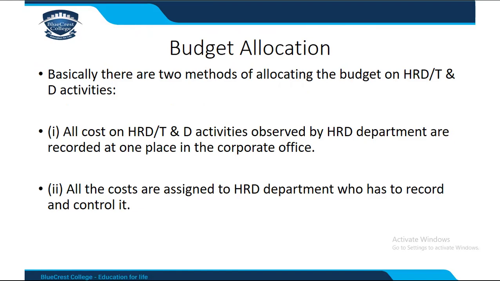Okay, so the first method is where all costs on the training and development activities are observed by the human resource department. Okay, and everything is recorded at one place in the corporate office. So what this means is that the budget is centralized.